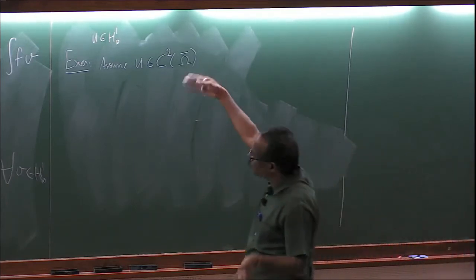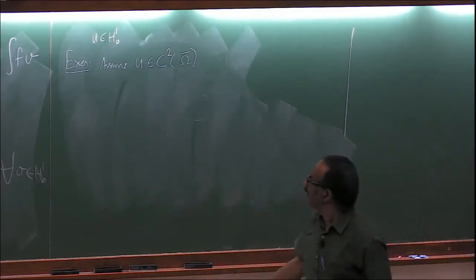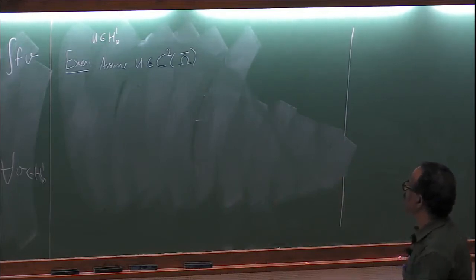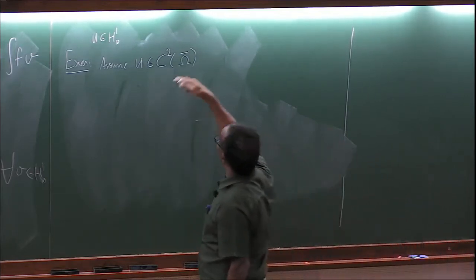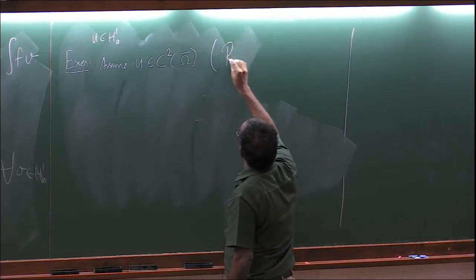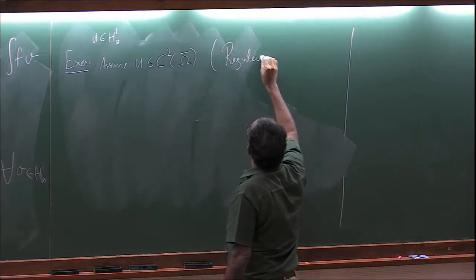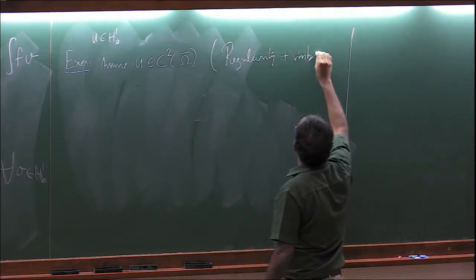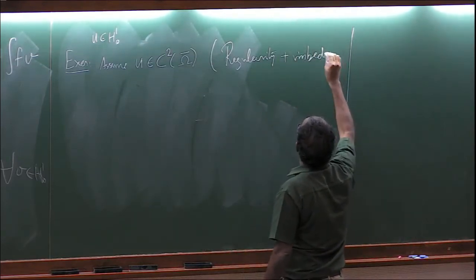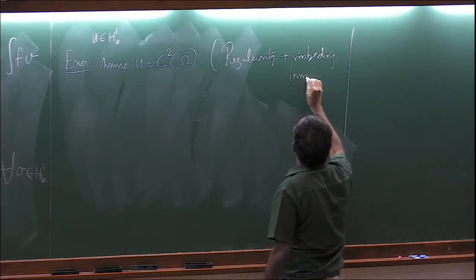You need only C2 of omega intersection C of omega bar. Maybe C2 of omega bar is needed. So you take that u also in C2. How do you prove this? This comes from the PDE regularity results, embedding theorems in the PDE. It comes from there.